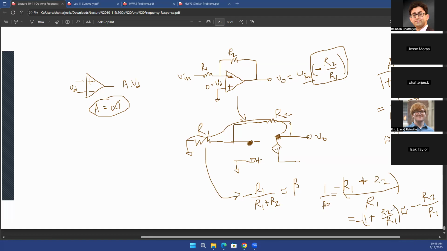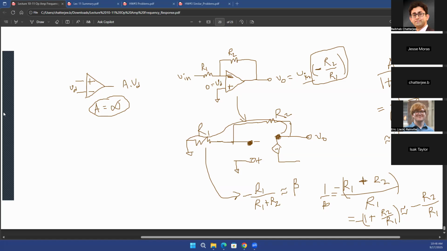From that also you can find out that the gain of this system is going to be minus R2 over R1. It's another method of showing how to calculate the gain by not applying KCL and KVL. If you do not do a nodal analysis, this is another way. Just from the feedback theory and the loop gain theory, you can find out the gain of the system. Just another method so that you know.